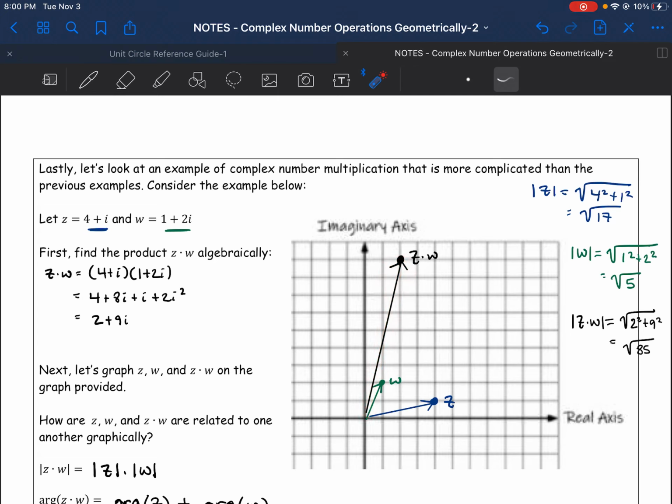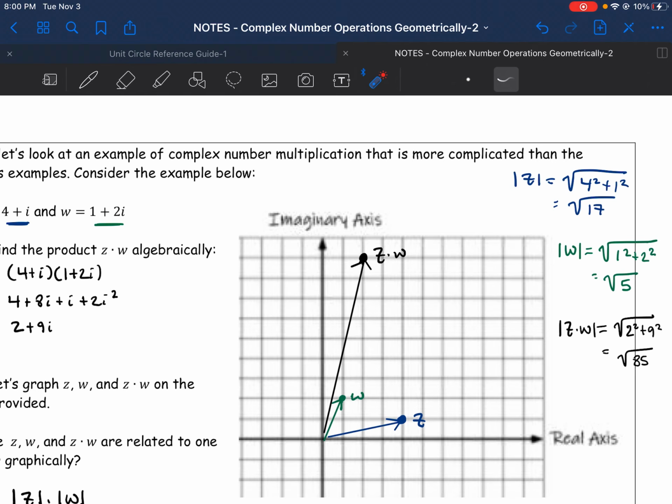Now, we want to figure out, is there a relationship here? And it turns out there is a pretty nice relationship. And to see that relationship, let's look at the modulus of each of these complex numbers. If I calculate the modulus of z, remember modulus being the length between the complex number and the origin, that's going to be the real part squared plus the imaginary part squared.